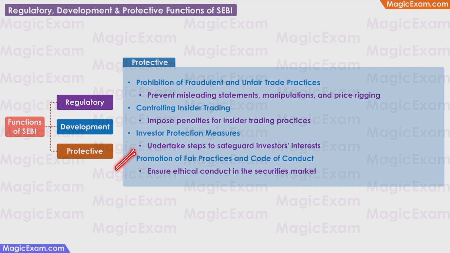Lastly, SEBI promotes fair practices and a strict code of conduct for everyone involved in the financial markets. It sets the standards to ensure ethical behavior and professionalism, making the market trustworthy and reliable. So, SEBI's protective functions are all about keeping the market clean, transparent, and safe for everyone.